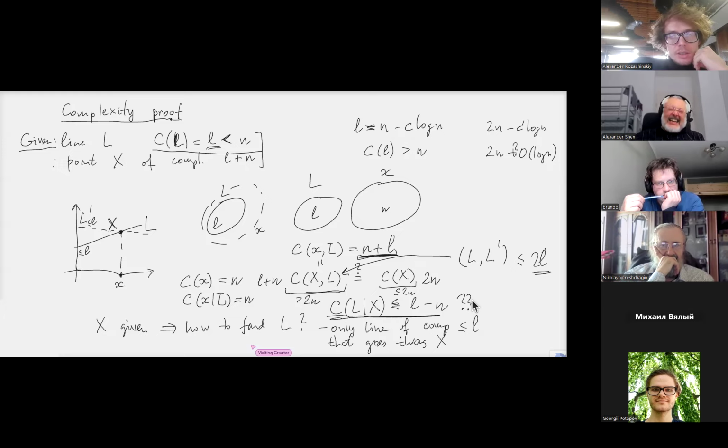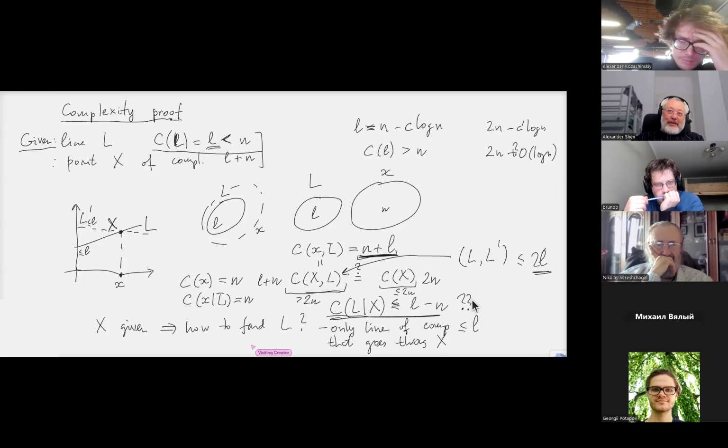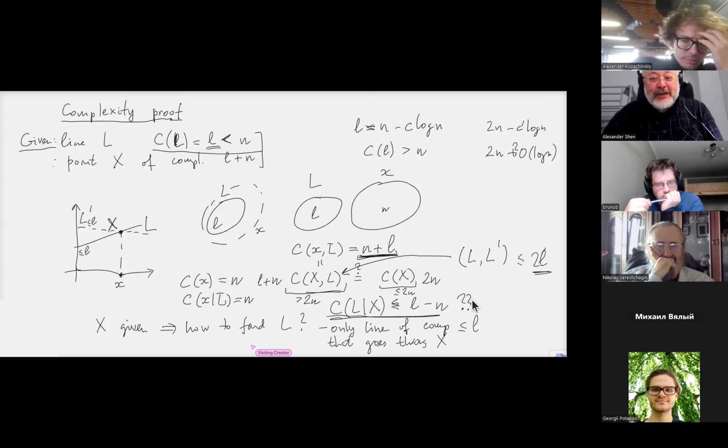Yeah, exactly. You can show that there are at most that many lines, because the points that have more lines going through them, there are only a few of them. Indeed, it's a valid argument, and we can do it.